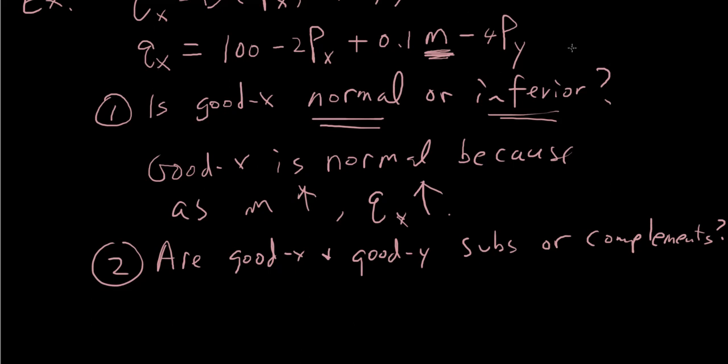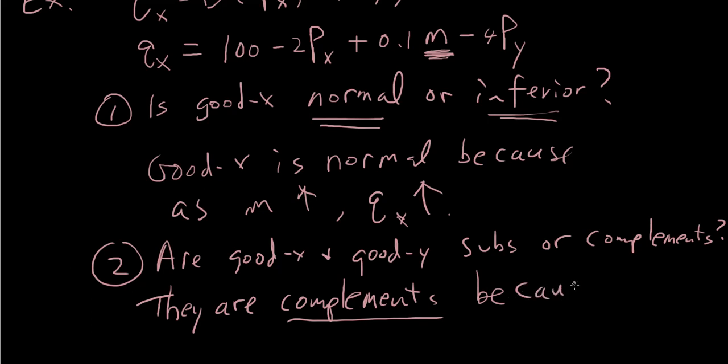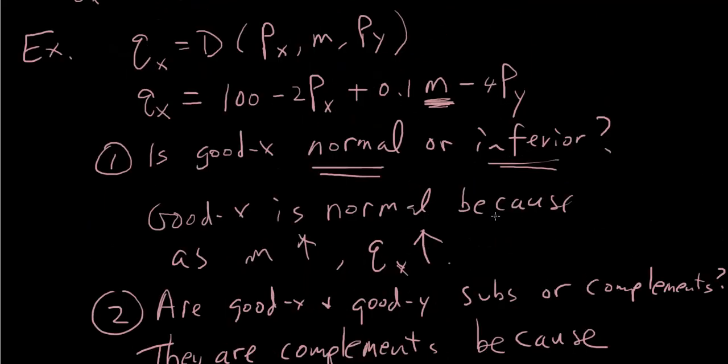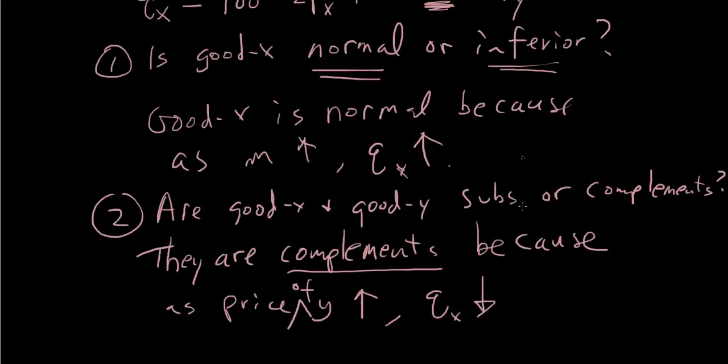So they are complements, because as the price of Y goes up, the demand for good X goes down. So they are complementary goods. Okay. You'll find the exercise problem in the problem set.